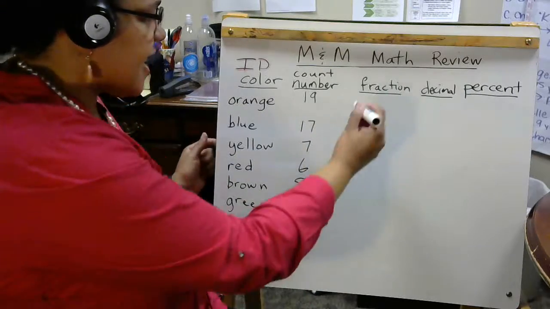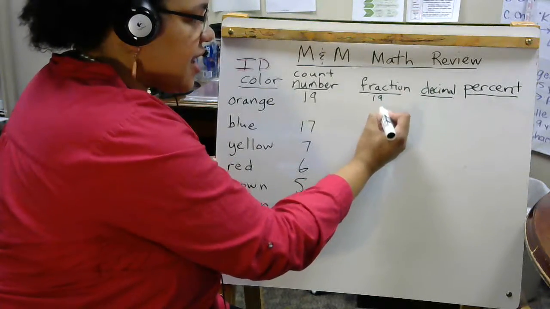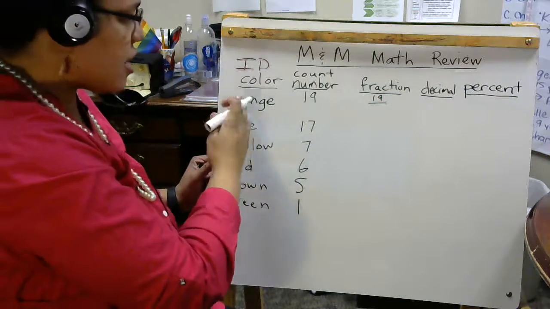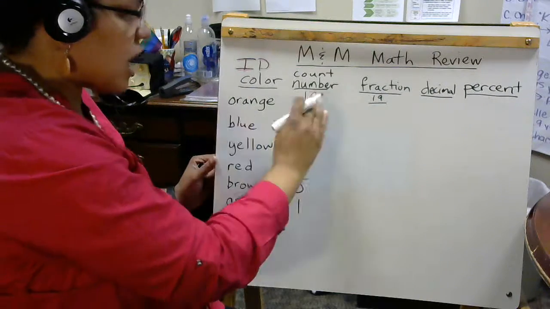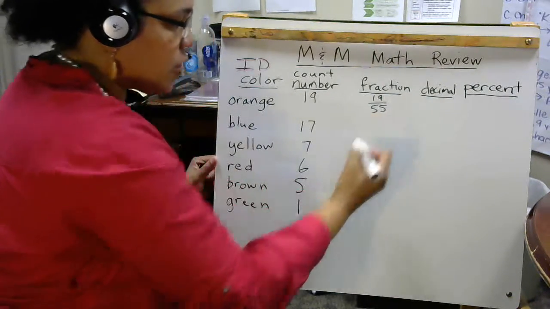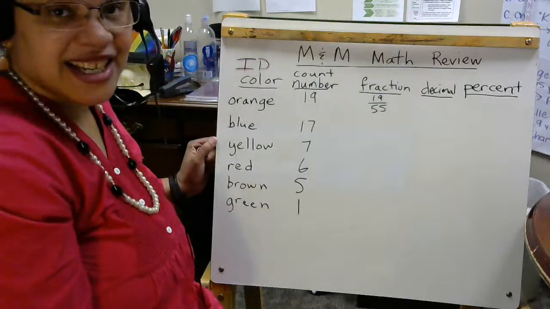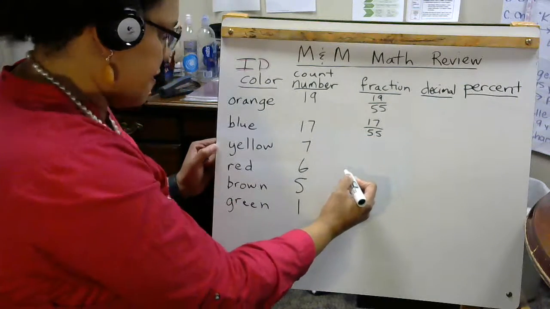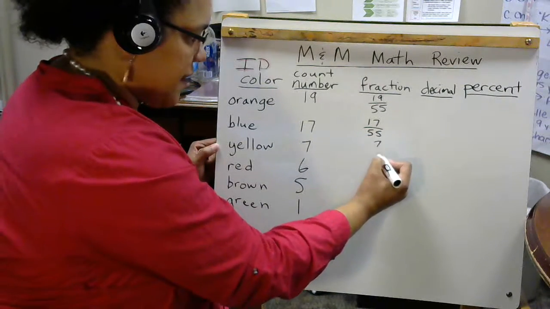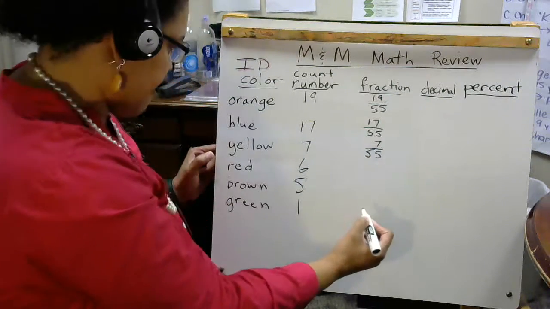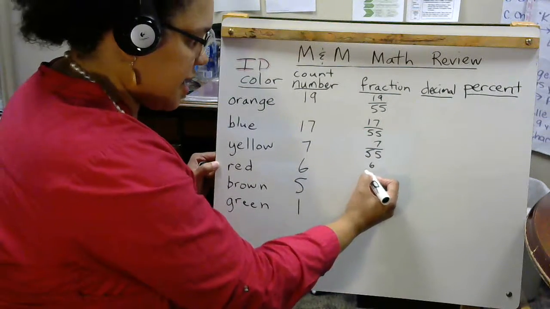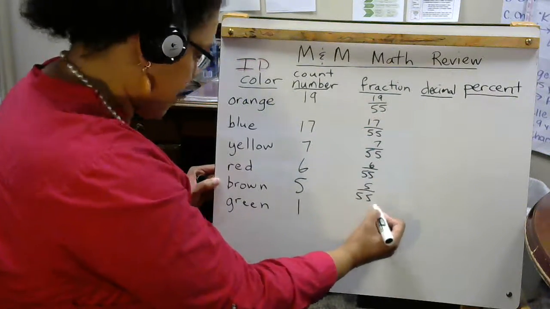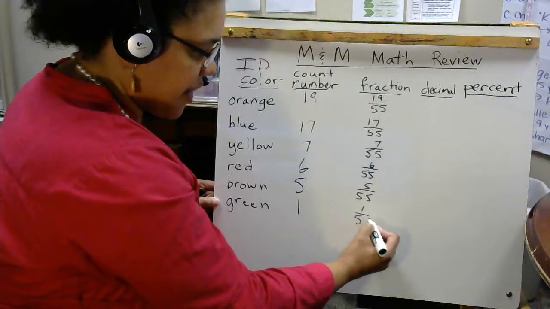Okay, so a fraction, as you recall, would be the count of that particular color out of the total, and there were 55 total M&Ms. So for orange, it's 19 out of 55, blue, 17 out of 55, yellow, 7 over 55, red, 6 over 55, brown, 5 out of 55, and green, 1 out of 55.